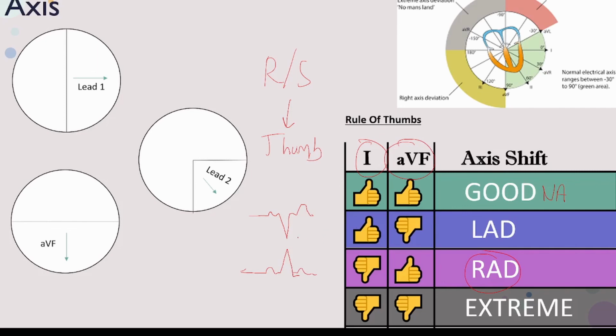Why? Well, my thumbs, what are they doing? My thumbs are moving right towards each other. And here you can say that this is a right axis deviation, right towards each other, right axis deviation.